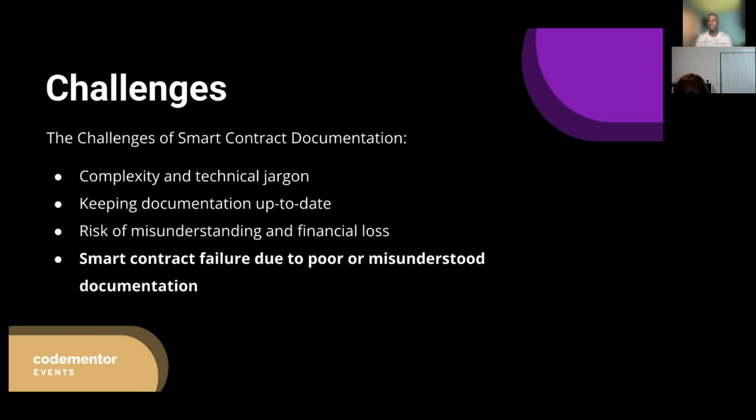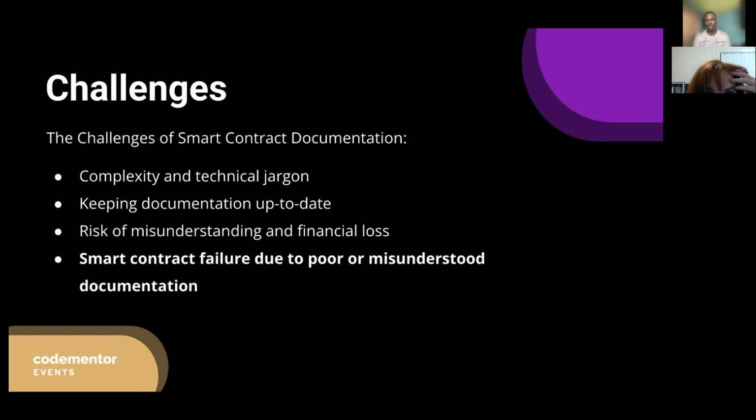The last challenge that many face when documenting smart contracts is failure from poor or misunderstood documentation, which is similar to the first reason. There could be times when documentation needs to be presented to the C-level for them to understand what this whole application does.